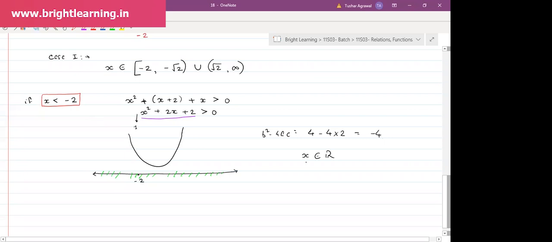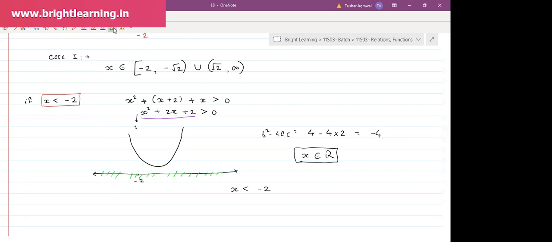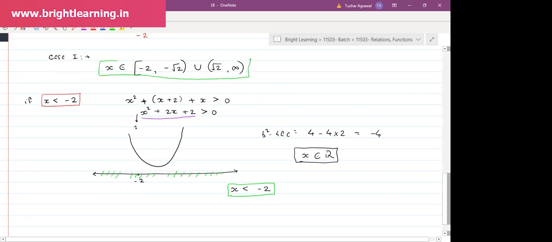So the combined answer of these two, case 1 and case 2: if it is case 1, the answer is this. And if x is less than minus 2, in that case, the answer is this.